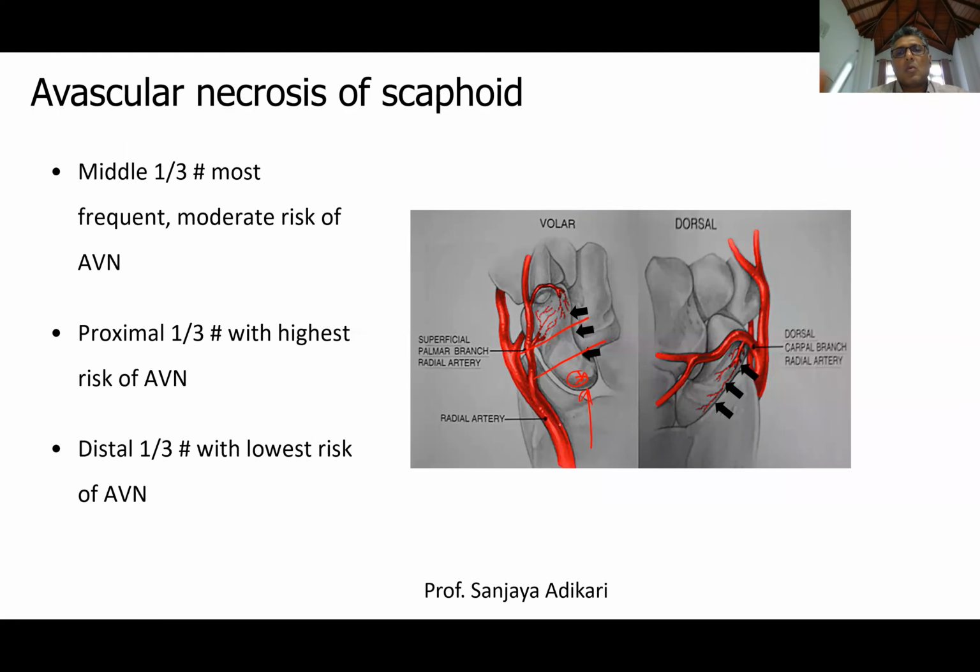So the more proximal the fracture line is, the higher the risk of avascular necrosis of the proximal fragment. Okay, remember it's the proximal fragment that is at risk. Blood supply comes from the distal fragment and this fragment would be okay. When the fracture line moves distally, the risk of avascular necrosis of the proximal fragment becomes less and less. So I think you can understand it.